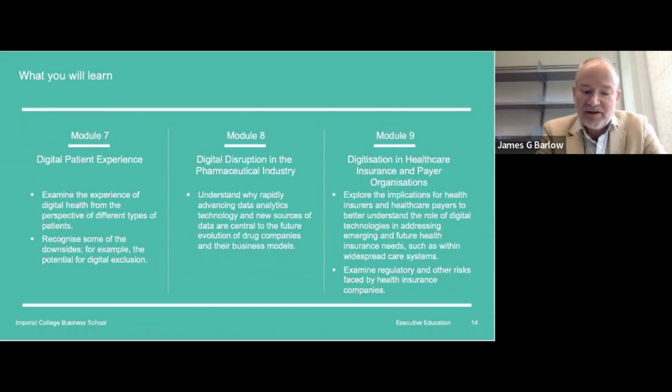And we try to look at what digital health means from the perspective of different types of exemplar patient. It means different things depending on whether you're a frail elderly person compared to somebody who's young and digitally aware. So we need to look at that.